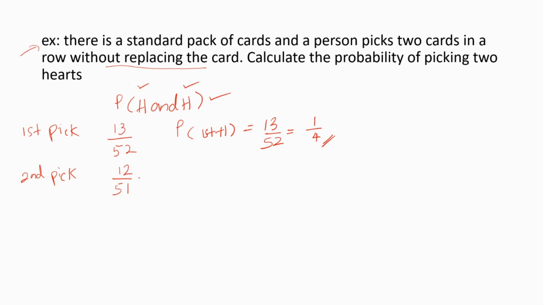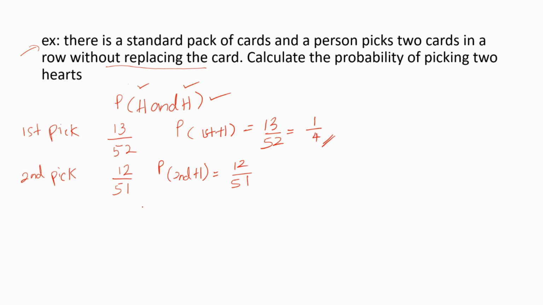The condition is that the person is keeping the first card. If the first card is a heart, there are only 12 hearts remaining in the pack. And there are only 51 cards in total. So the probability of the second heart equals 12 over 51.